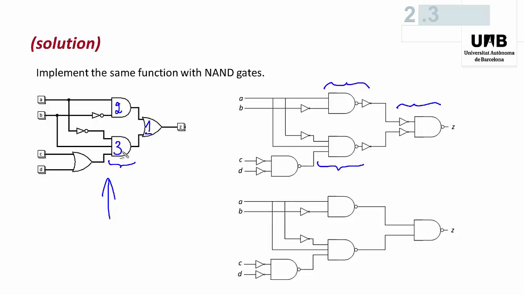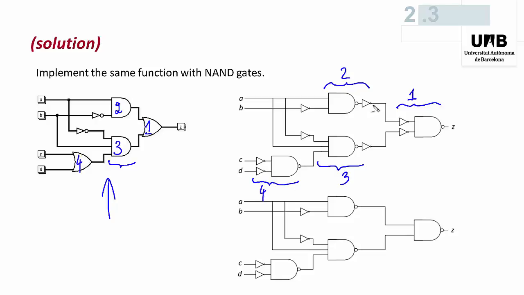We substitute this 3-input AND gate by a 3-input NAND gate and an inverter. And finally, this 2-input OR gate can be replaced by this NAND gate and two inverters.